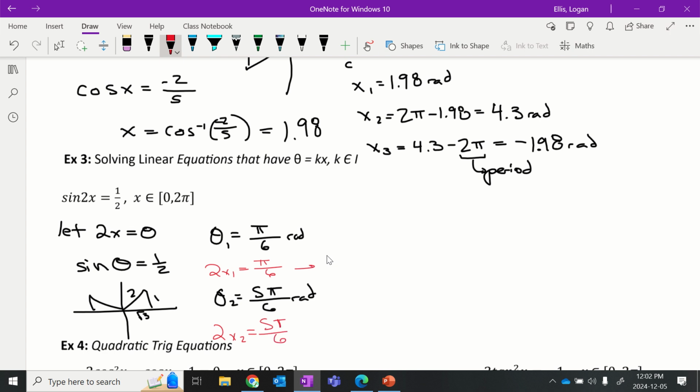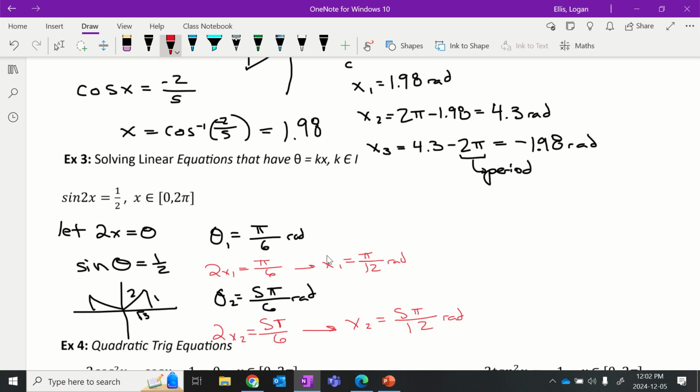When that 2 is divided, it's going to be pi over 12, so x1 equals pi over 12 rad, 2 times the 6 on the bottom. And x2 equals 5 pi over 12 rad. Now, thinking about this period here, this is going around one cycle, but it only has a period of pi.